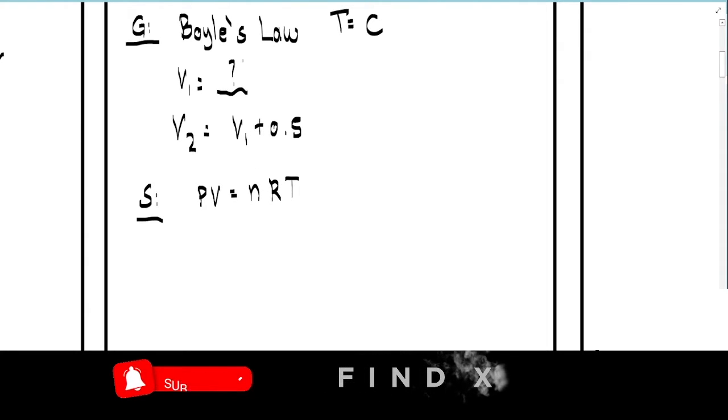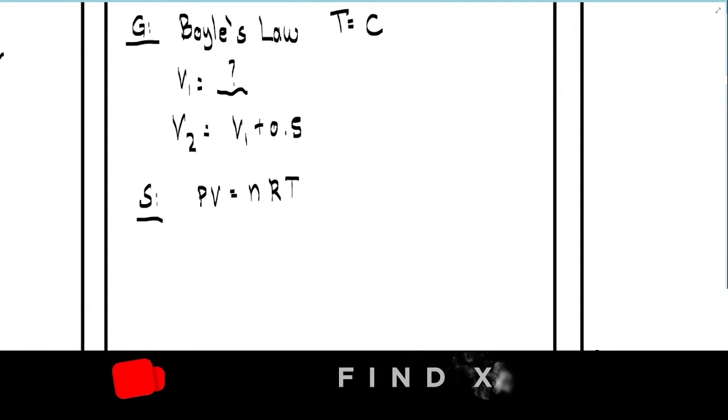Now, since this is Boyle's law, again, using PV equal to nRT, the general formula for the ideal gas law, all you have to do is put all the parameters that are constant on one side and all the parameters that are not constant on the other side.